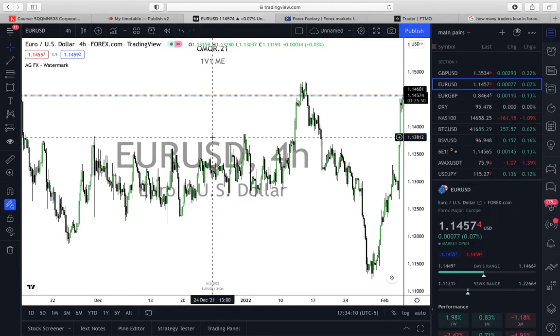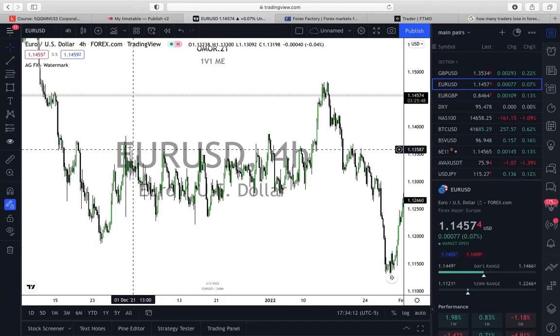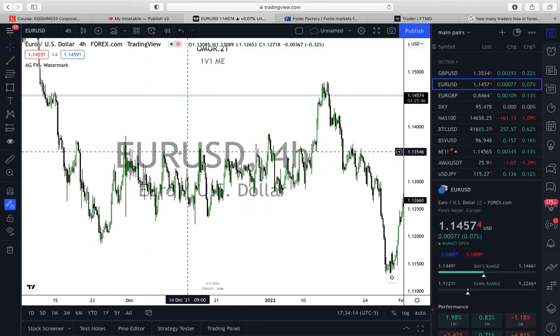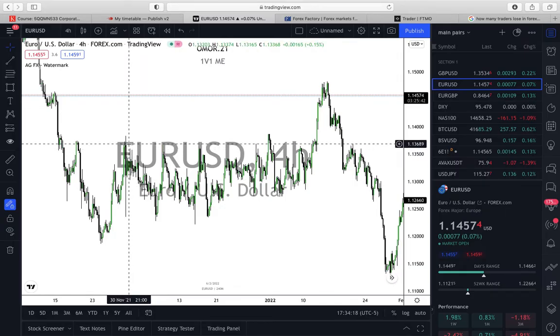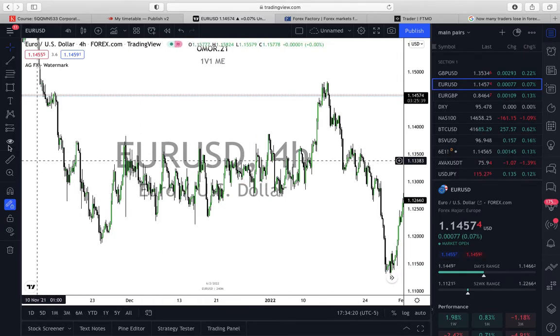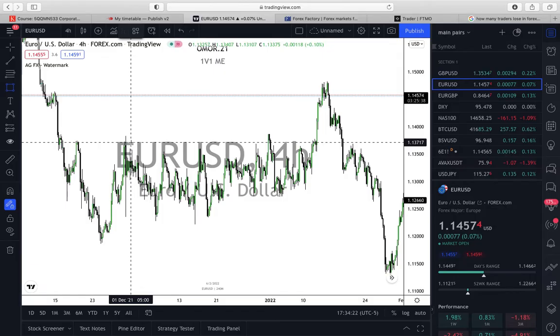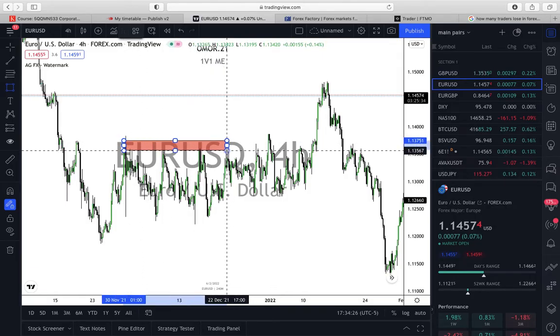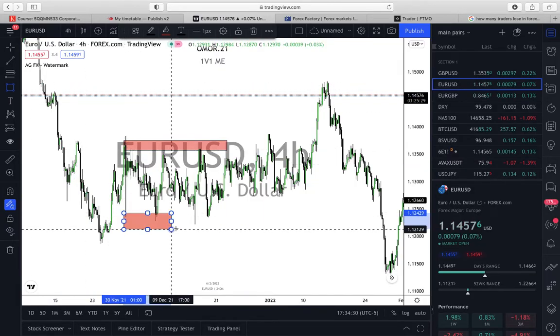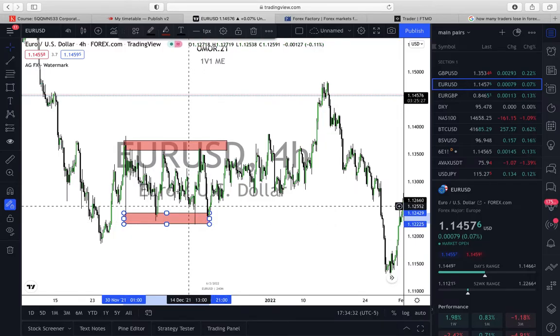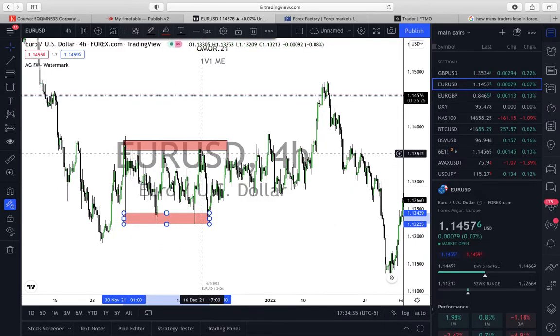So what they learn is, I'm going to find an area of resistance and an area of support, and I'm going to sell at every resistance and trade at every support. So they'll have this, yeah. They'll win a trade. Of course they'll win, yeah.